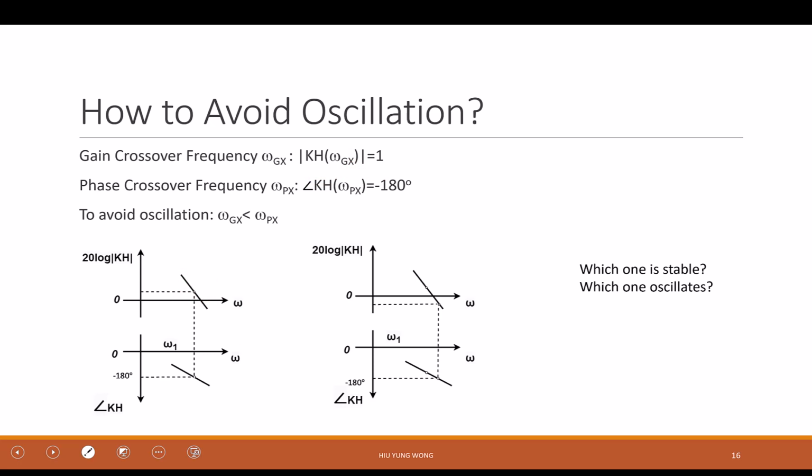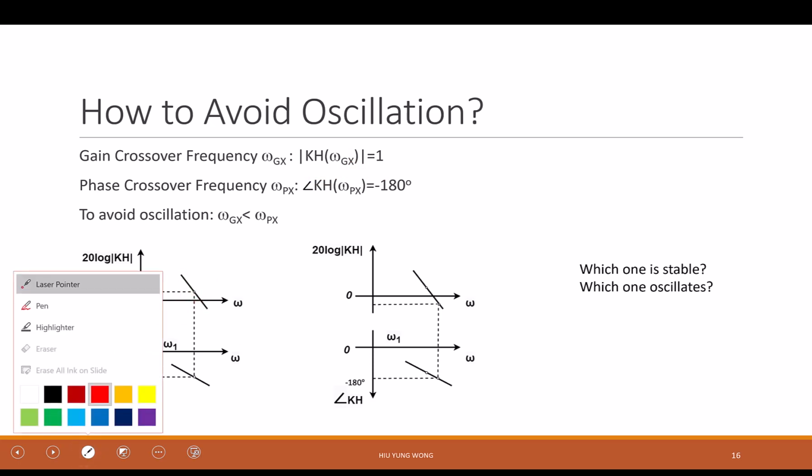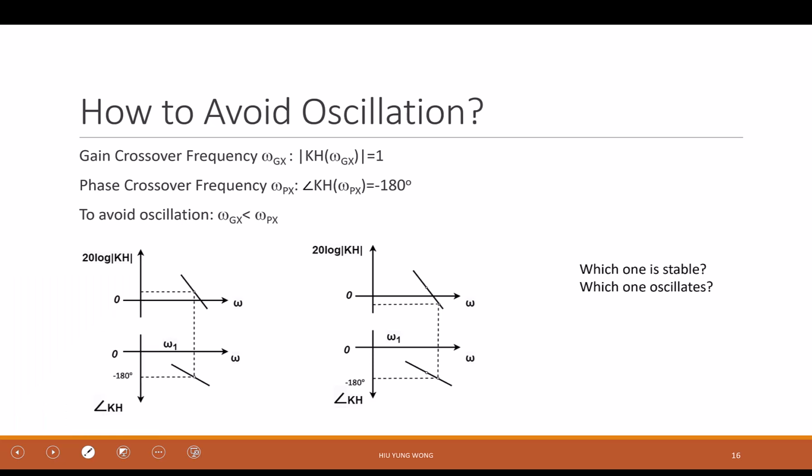For example, in this case, this is not the Bode plot of the whole circuit, it's only the Bode plot of this KH. This is the gain crossover frequency, because it is the frequency at which the gain becomes 1, 20 log 1 is 0, right? It means it's low enough.